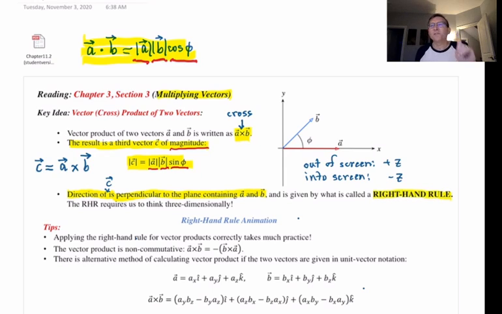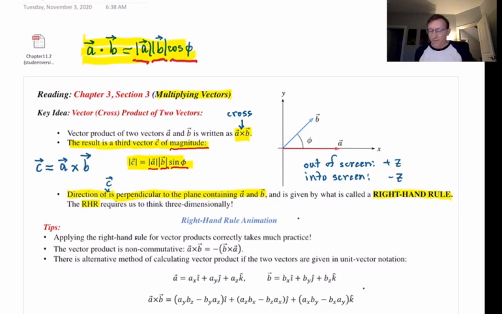And I'm not sure if this is true anymore, but if you were taught in the British system, you might have been taught something called a left-hand rule. And if so, I'm sorry, but in the United States, we use the right-hand rule. So, warning on that one. Okay? I'm going to use RHR, not HRH. RHR, right-hand rule.